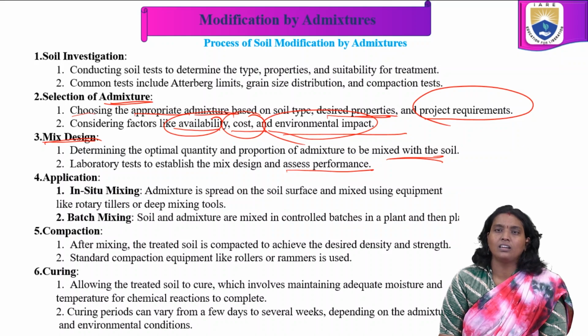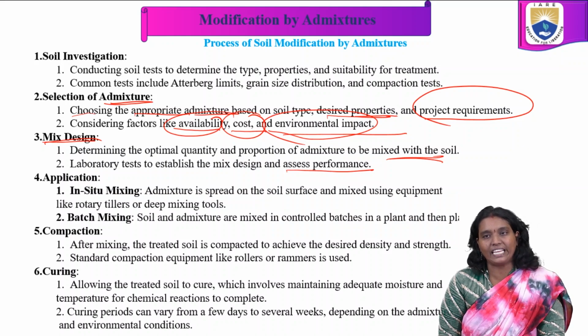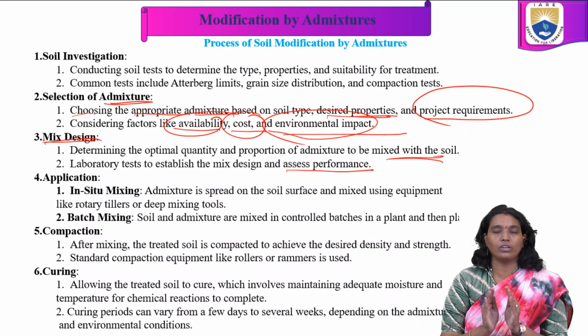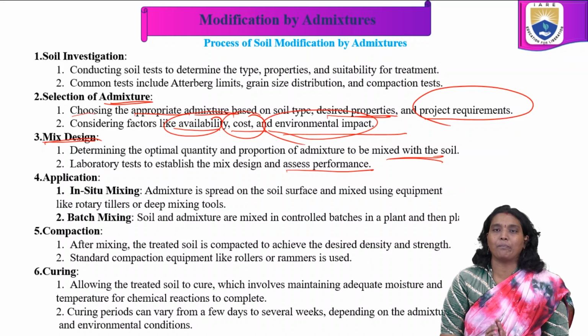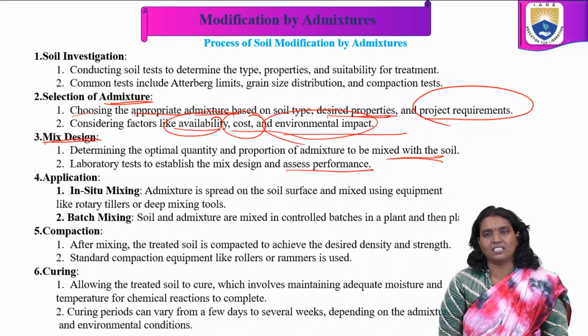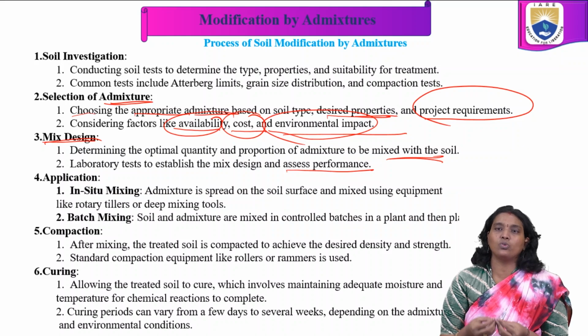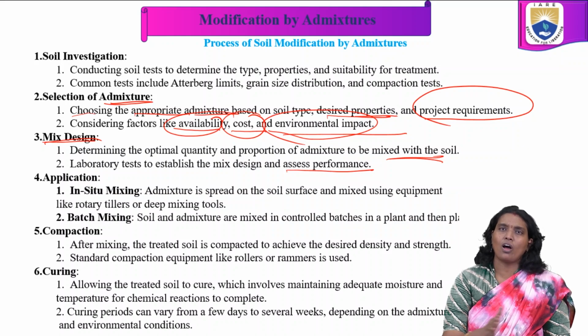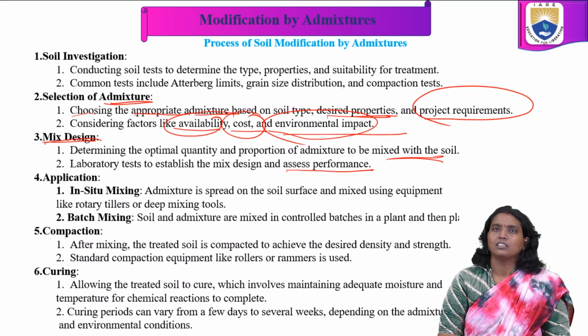The treated soil is allowed to cure, which involves maintaining adequate moisture and temperature for the chemical reactions to complete. We have to give that particular time to complete the chemical reactions. Curing periods can vary from a few days to several days, depending on which type of admixture is used and what the environmental conditions are.